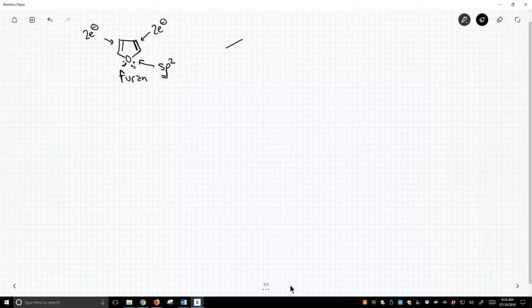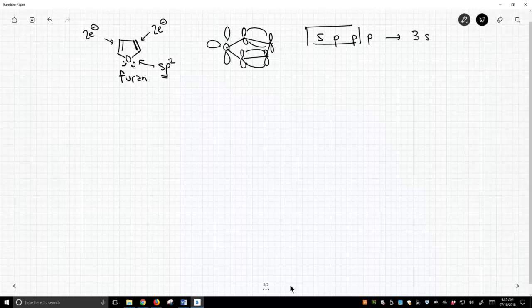Let's draw a picture of this. Let's try to draw it edge on so we can see better. So here are our carbons, and their p orbitals are going to form a pi bond, pi bond, pi bond, and here's our oxygen. Now if this oxygen is sp2 hybridized, with sp2 hybridization we're going to get 3 sp2 hybrids plus a leftover p orbital.